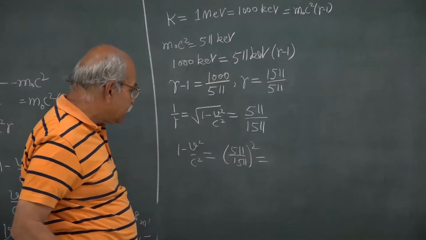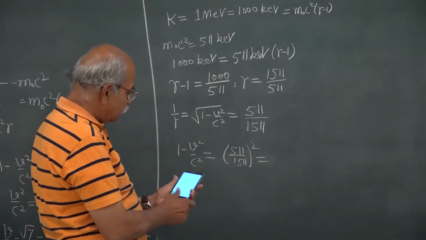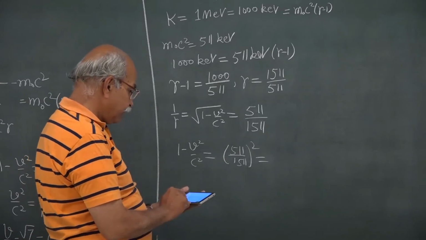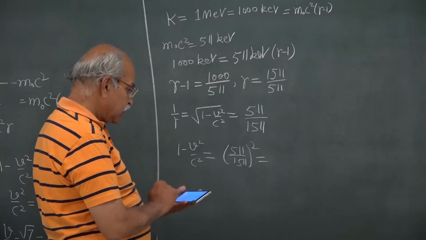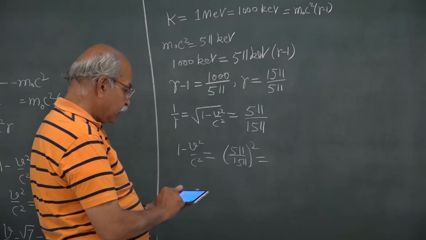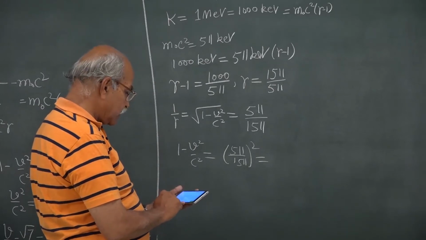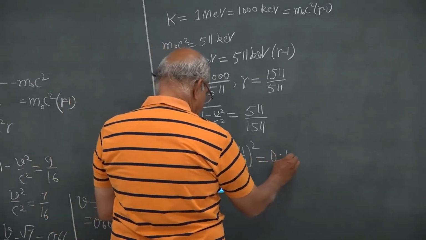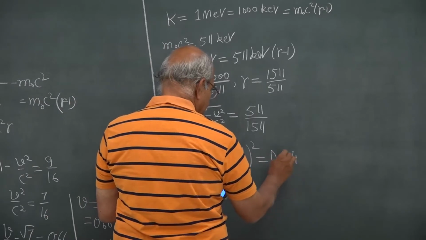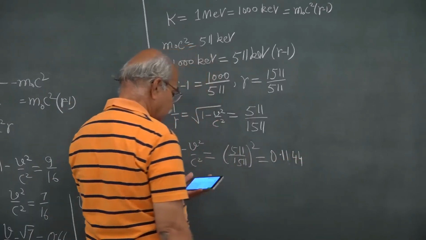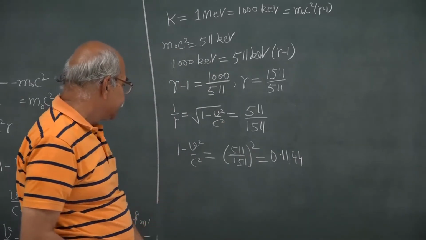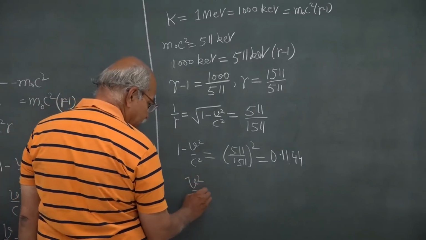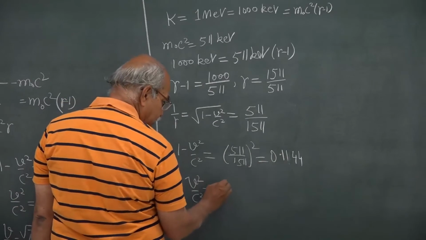If I do that on my calculator, I get 0.11437 or so. So let us write 0.1144. So that is 1 minus v square by c square.